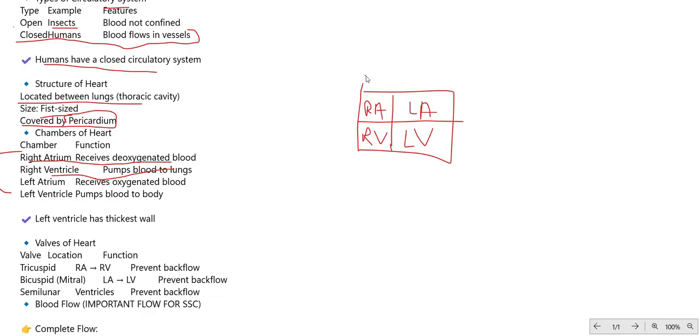So right atria, it will receive the deoxygenated blood, and right ventricle pumps the blood to the lungs. Okay, left atrium, it will receive the oxygenated blood, and left ventricle pumps the blood to the body.